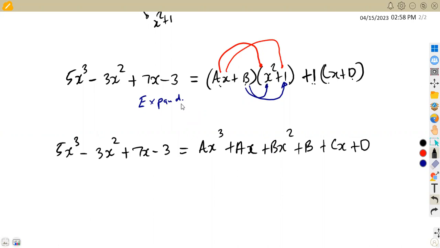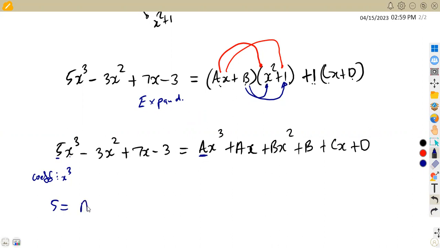By doing so, we can calculate any constant value, a, b, c, or d. Let's work with the coefficients of x^3. On the left-hand side we've got 5, which is equal to a on the right-hand side.